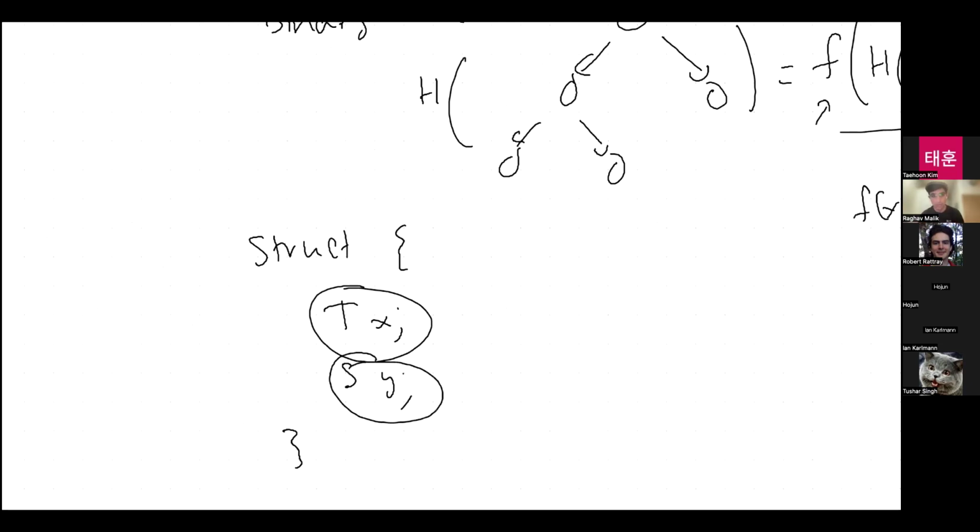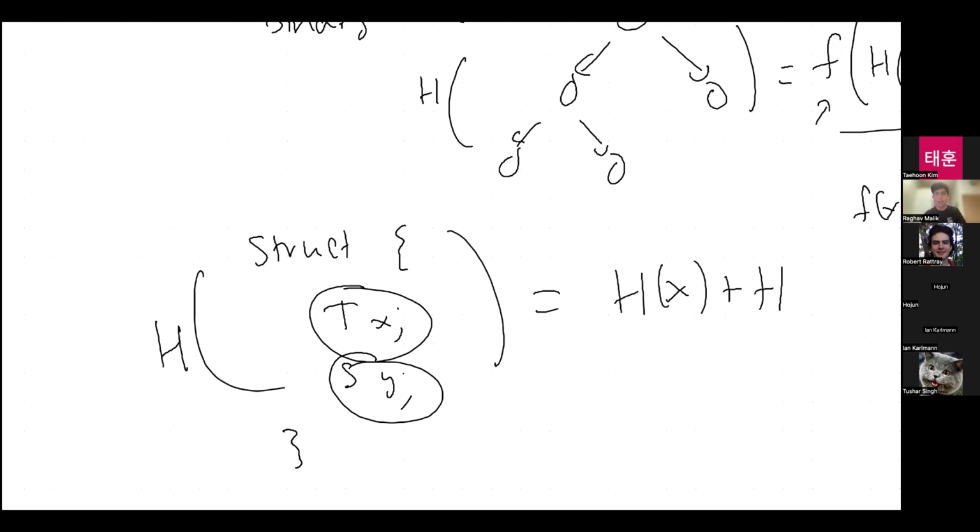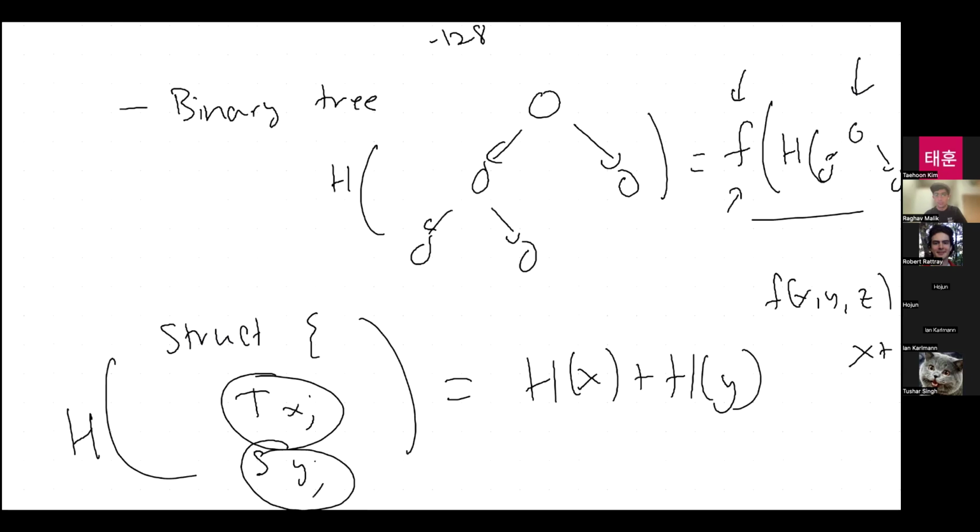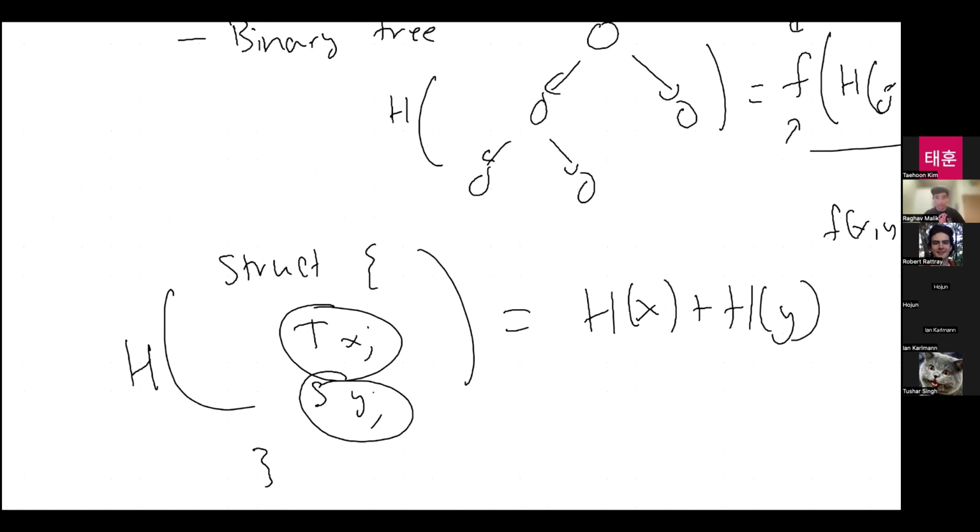So the hash of this thing is just the hash of X plus the hash of Y. I don't know. So the point is, for the remainder of the time that we talk about hash functions, we're going to assume that the keys are somehow expressible as natural numbers. And if they're not, then you figure out a way to do it.